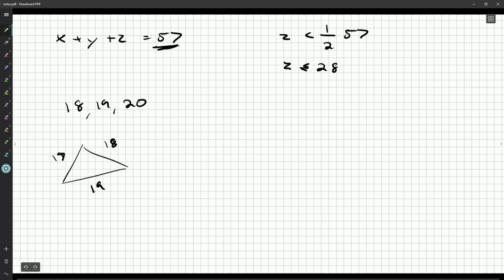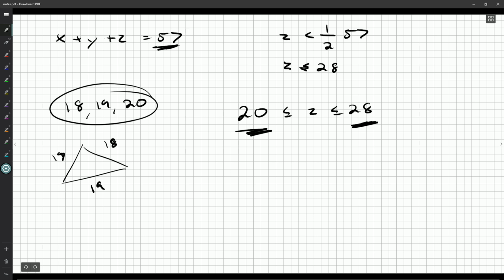So the smallest z can be is 20, and that's if we get exactly that triangle right there. So this isn't too many cases to check, as long as we reason it out. They're giving us the 28 in the question, and we deduce that 20 is the lower bound.